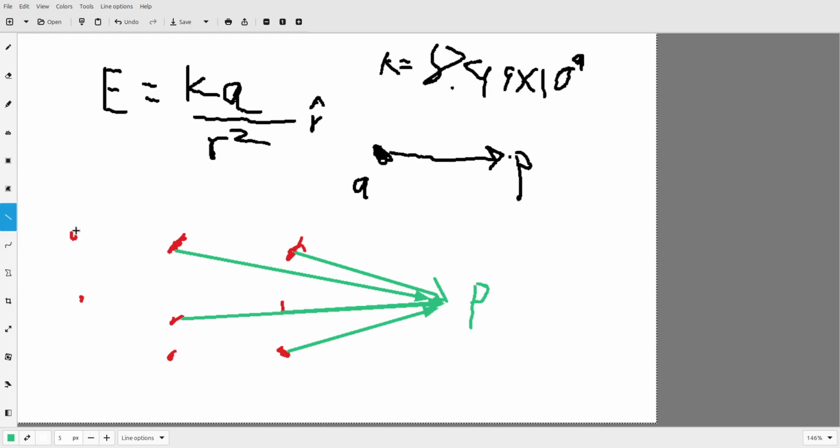Now, if we have all these charges, we just take the sum. E is now going to be the sum, we have our sigma symbol, i goes from 1 to n charges, k Q sub i over r sub i squared.